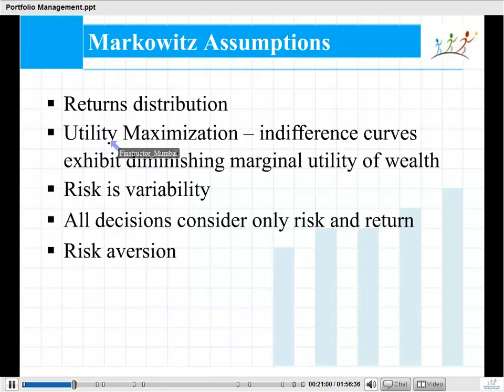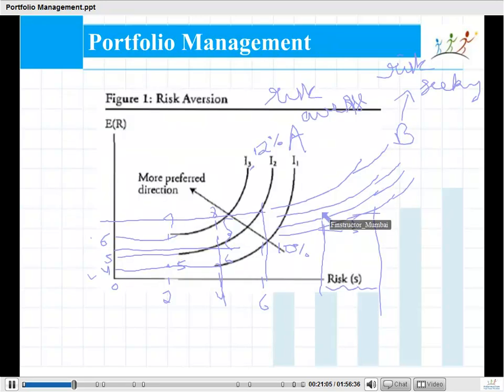All investors exhibit utility maximization. That is, the indifference curves exhibit diminishing marginal utility of wealth. You see that the indifference curves are steep, or upward sloping. They're not a straight line.